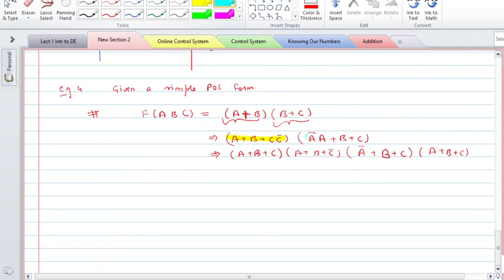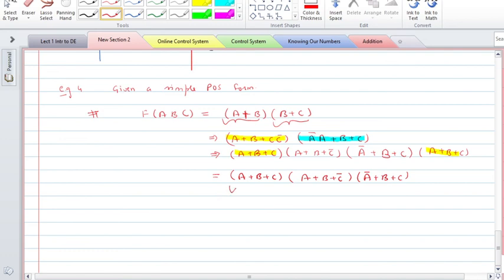So finally we can write this is equal to, because these two terms, that is this one and this one, are same, so you can combine them. A plus b plus c into a plus b plus c bar into a bar plus b plus c.